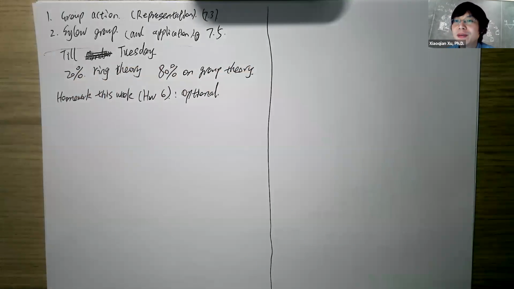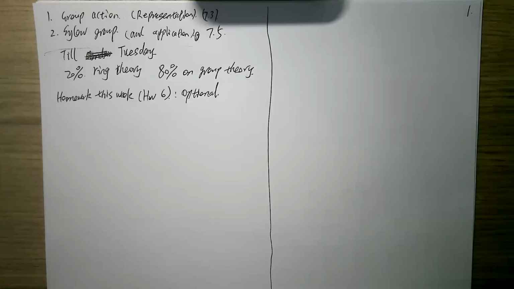Optional means you can finish it, and then this homework will substitute one of your lowest homework scores, if you finish it. I can accept it, and I will not count it as extra, but I will use it to replace the lowest homework score in your history, okay?